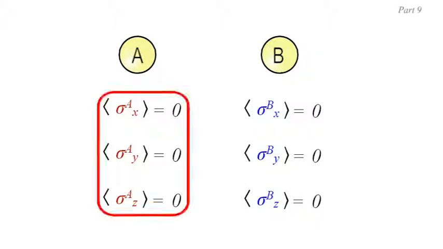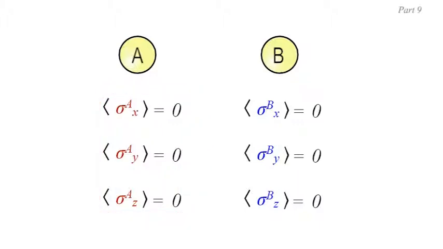The fact that the average values of all three components of A spin in the X, Y and Z directions are 0 means the average value of the component of the spin of A in any direction must be 0. Why do I say any direction when we've only checked X, Y and Z? Well, the argument is that in a way these 3 sigma matrices for electron A are like 3 vectors in real space.